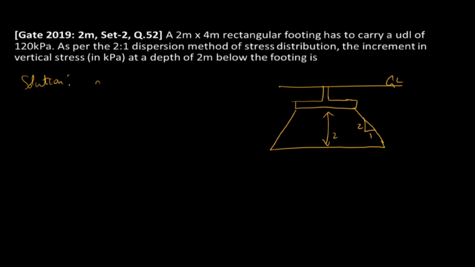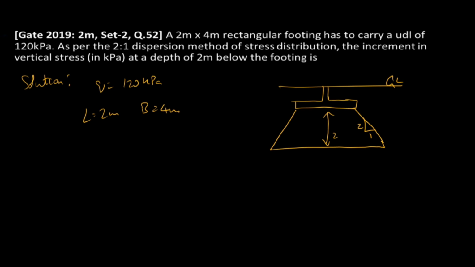They are given Q equal to 120 kilopascal. They have given a rectangular footing. So L equal to 2 meter, B equal to 4 meter.